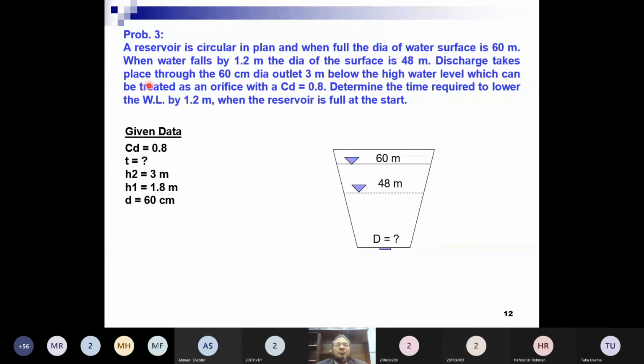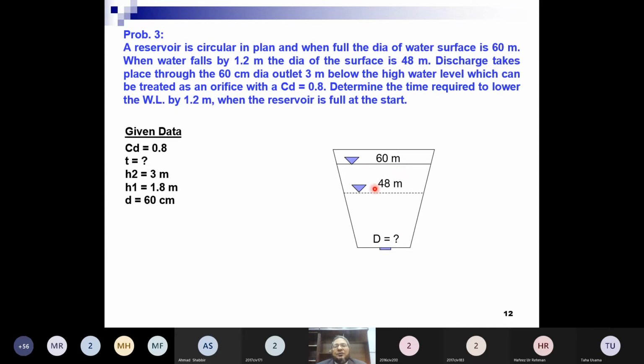Discharge takes place through a 60 centimeter dia outlet. So there is an outlet or orifice, and its dia is 60 centimeter. Small d is 60 centimeter. 3 meter below the high water level, and this depth is 3 meter.